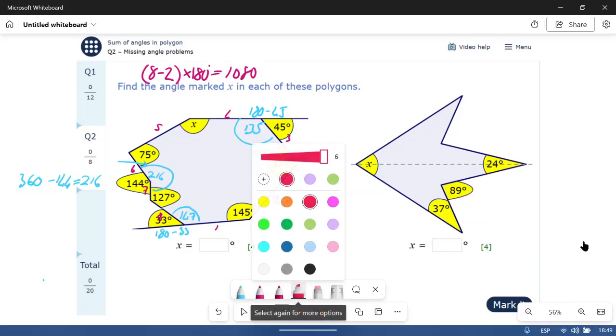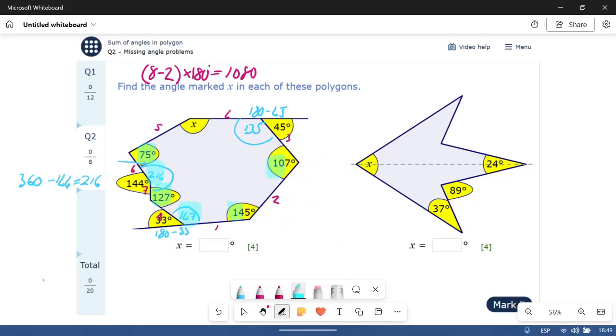So now what we need to do is take all the interior angles, not the exterior angles, and subtract that from 1,080. So 1,080 minus all the angles: 75, 216, 127, 147, 145, 107, and 135.